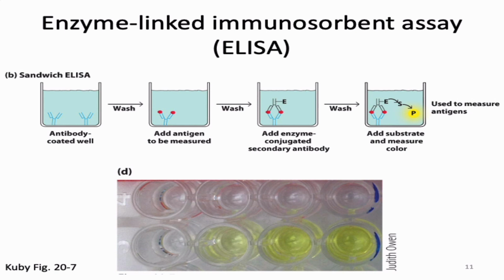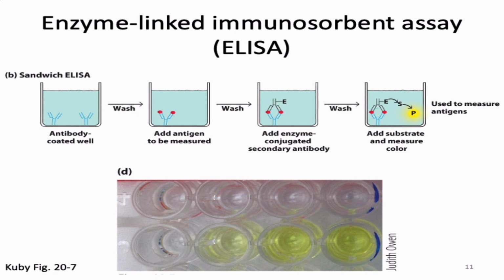And so with your sandwich ELISA, you first will take a little plate here, and you will put some antibodies on it. So you'll coat it with antibody. You can then take your sample that may or may not have antigen and put that sample on.